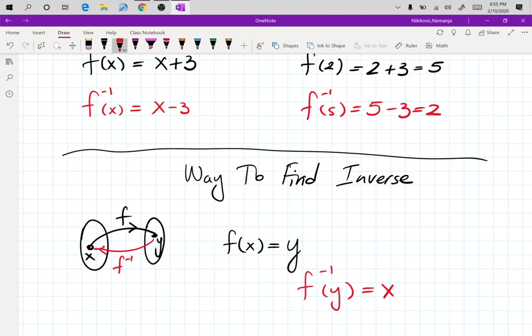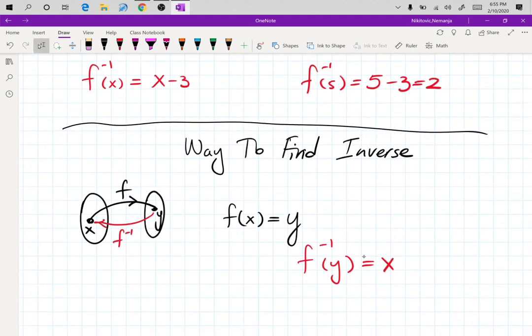Because, you see, once you are here, y becomes the input to give you the x output, right? So it gets flipped. But when you compare these two, what switched?